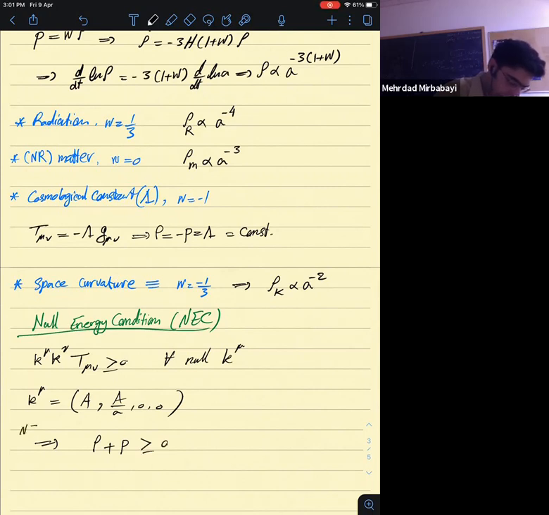So the null energy condition using this particular null vector gives me rho plus p larger than or equal to 0, which means that W should be larger than or equal to minus 1.